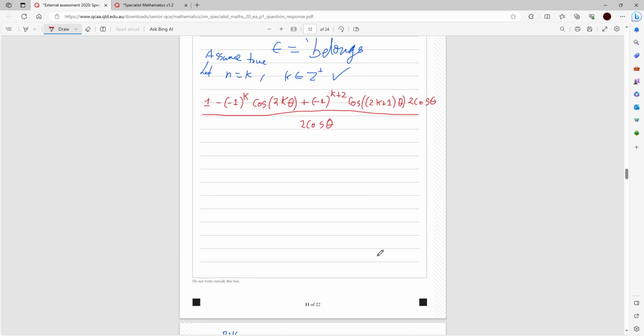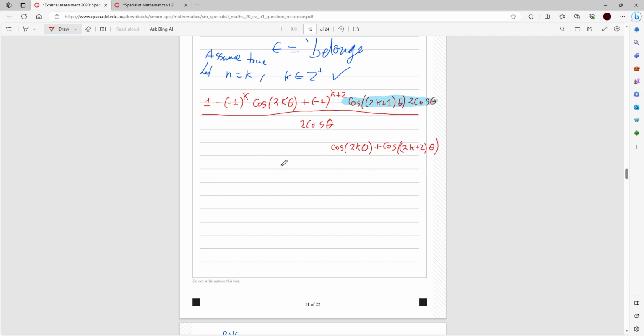I'll write it up here. So the thing I'm going to replace is just this bit here with the following expression that we just worked out, cos of 2k theta plus cos of (2k plus 2) times theta.